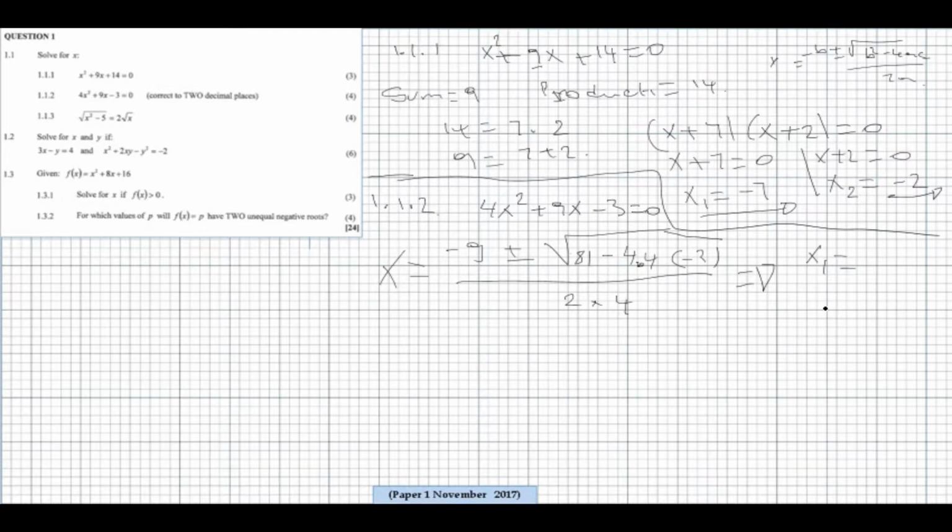The first value of x is 0.29, and to determine the second value of x, I'm going to use a negative sign.